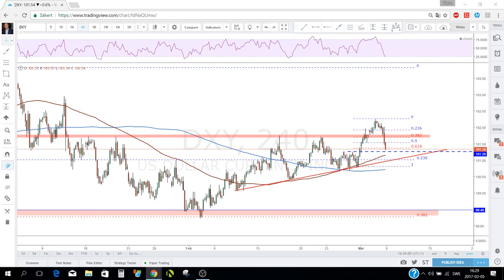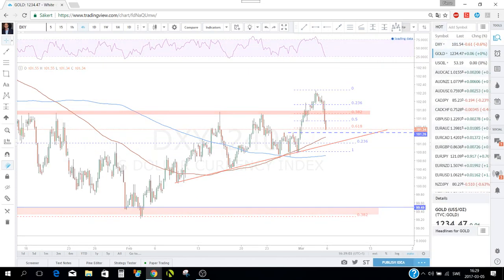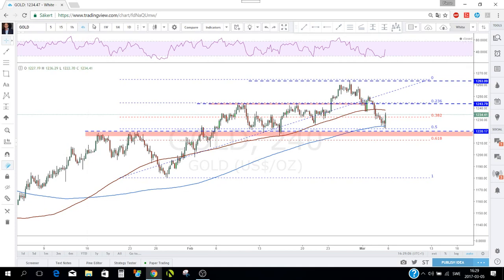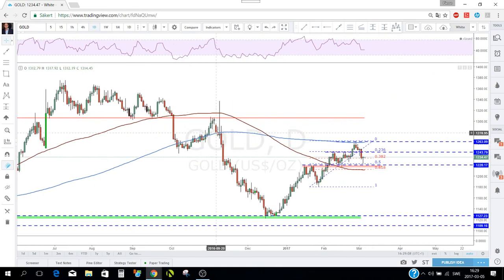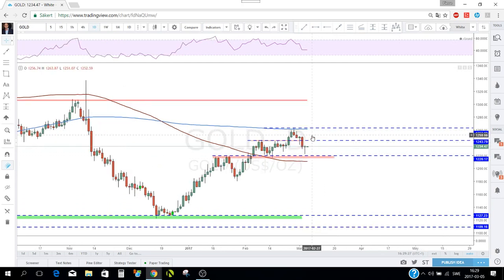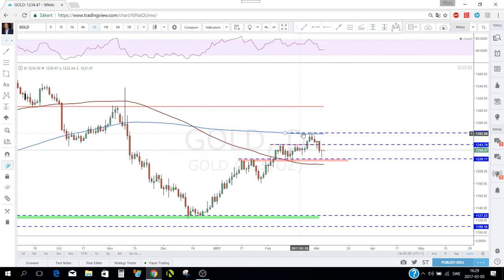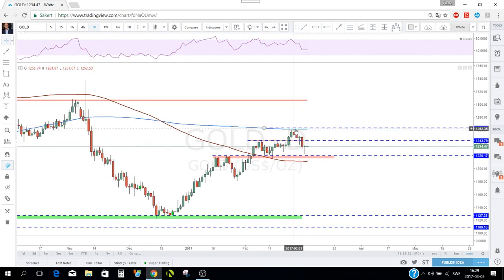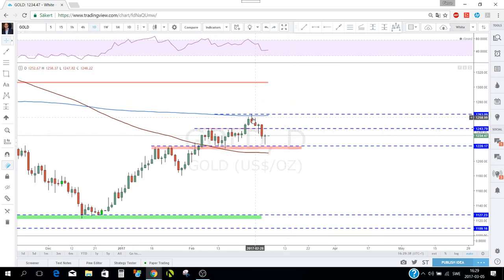So I will keep going with the list for now, and we go to gold. Let's go to the daily and see what's going on. As you guys know, I was talking about this 200 moving average coming from the upside a couple of times in my earlier weekly overviews, and I also said that we may expect some reaction here, and the reaction was very strong to the downside when we did test the 200 moving average.